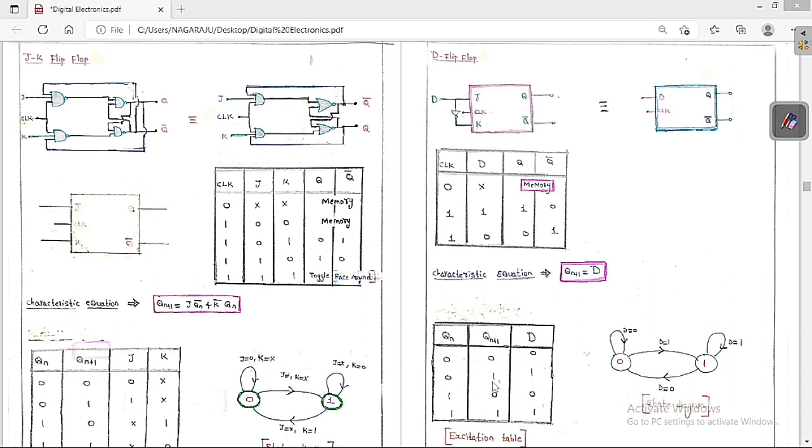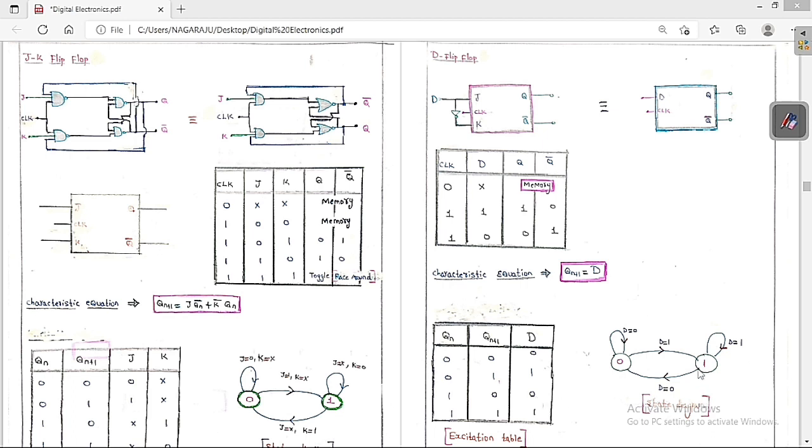If I want to write this in terms of the state diagram, in terms of a plot: to change the output from 0 to 0, I have to do D is equal to 0. To change the output from 0 to 1, I have to give input D is equal to 1. To change the output from 1 to 0, I have to give input D is equal to 0.